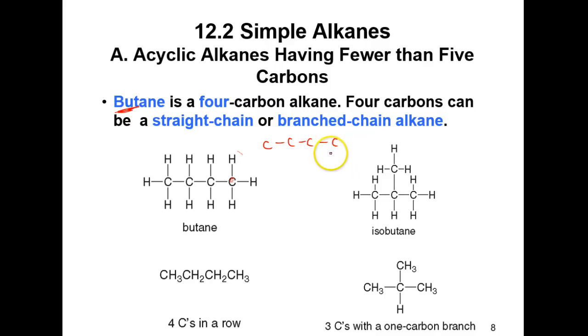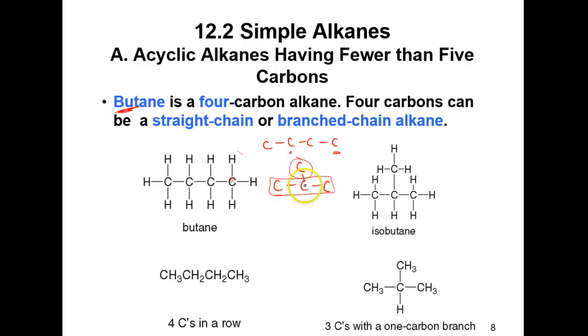What if I take this carbon and attach it to this carbon right there? I would have a molecule that looks like that instead. Is this still 4 carbons? Yes, it's still 4 carbons. However, they're not 4 in a chain. I've got 3 in a chain, and then I have one other hanging off of the chain.